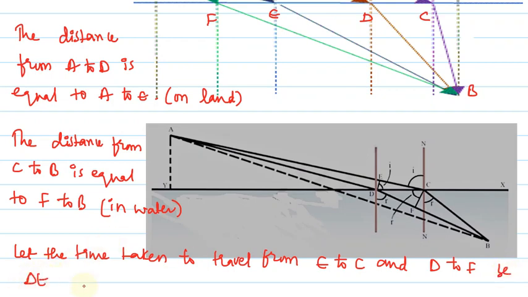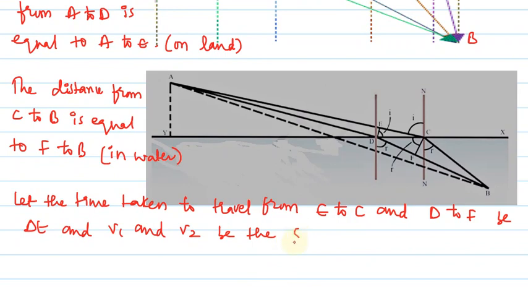Here time is delta t. And let V1 and V2 be the speeds of running and swimming.